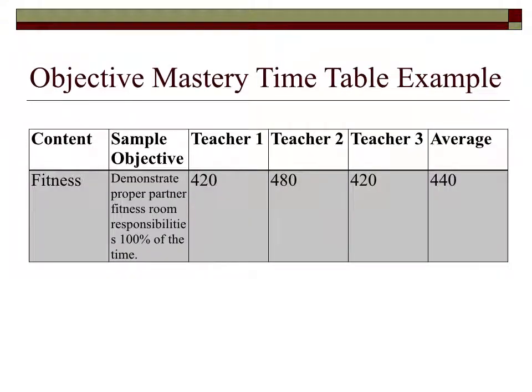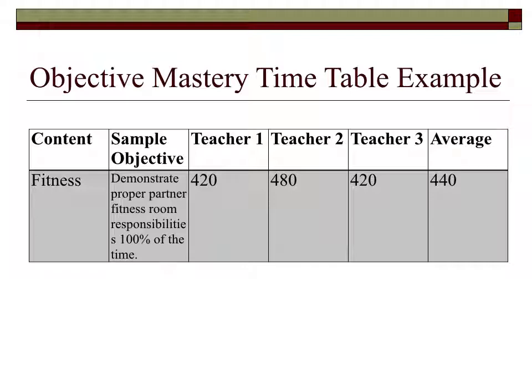So let's look at the table. This is an example of the table. So the content area is fitness. I have the sample objective there. So we have 3 teachers. Teacher 1 said it's going to take 420 minutes. Teacher 2 says 480 minutes. And teacher 3 says 420 minutes. And so simply do an average. Assume you know how to do an average.